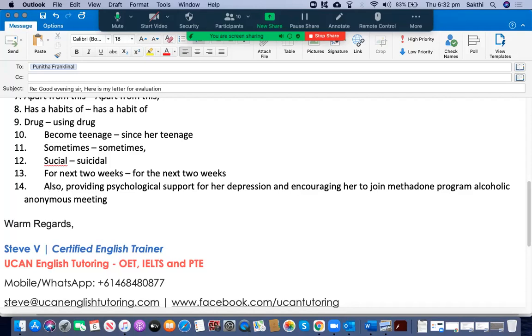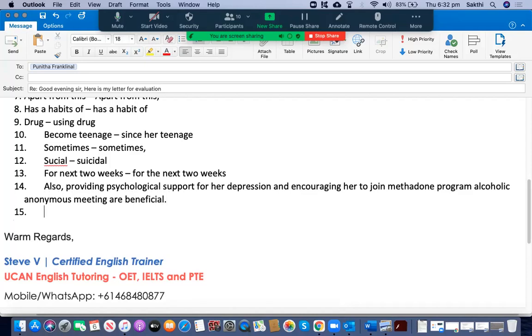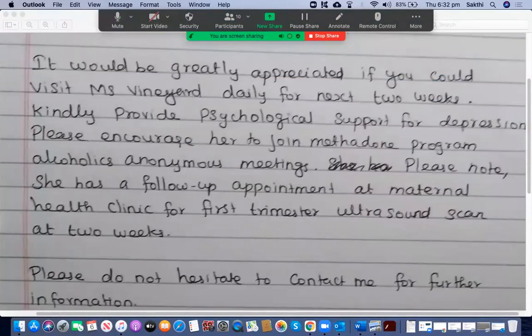Also providing psychological support for her depression and encouraging her to join methadone program, alcoholic meeting, are equally important, or you can simply say are vital or beneficial for her. Okay, something like that. You could have written it like this. Let's go through the next one.